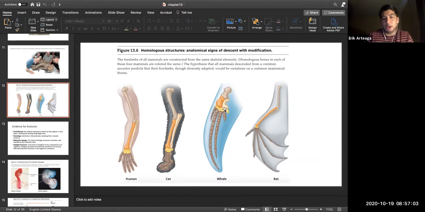Therefore, we point to a common lineage, a common ancestor. Bat, same thing. We have a common mammalian ancestor, and you can see this in the homologous structures between these three organisms. We do have a humerus or a radial bone that we can compare.